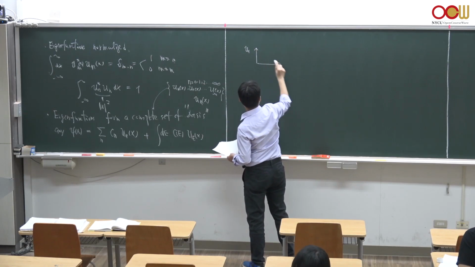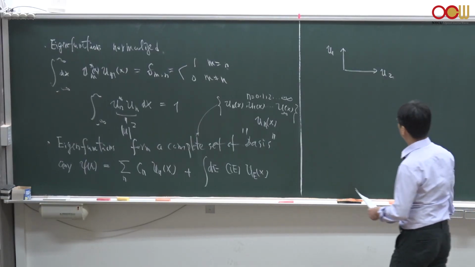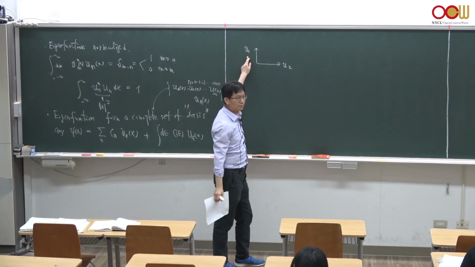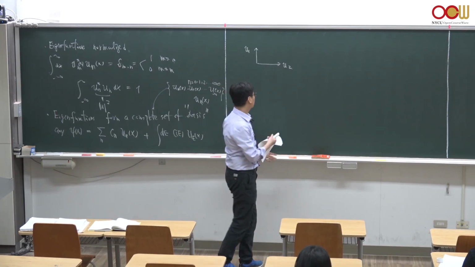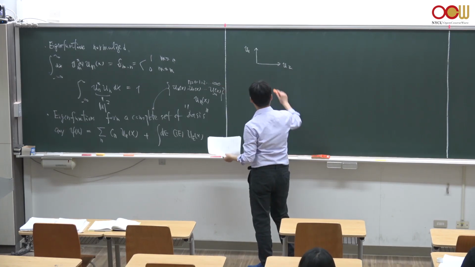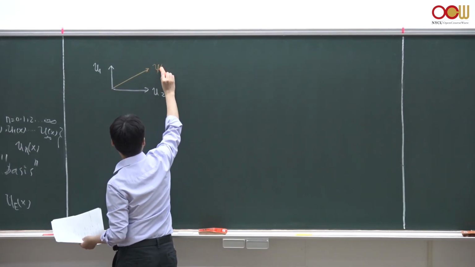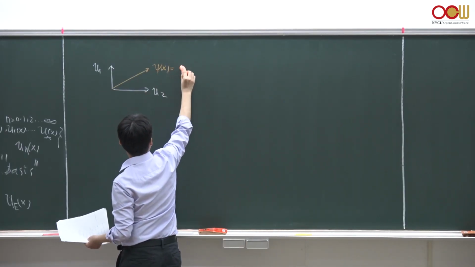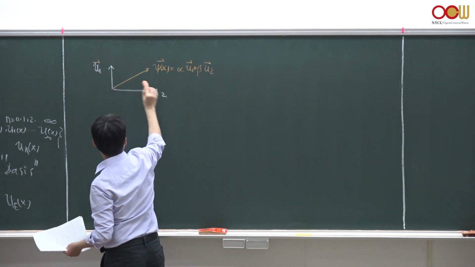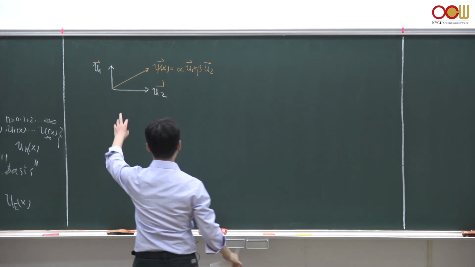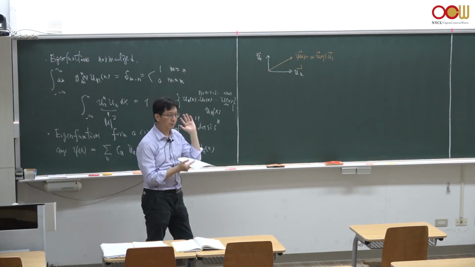Suppose I have two unit vectors in two-dimensional space, and each of these vectors represents the eigenfunctions u1 and u2, and I could make any linear combination of u1 and u2, and have any arbitrary vector psi, which is alpha u1 plus beta u2, something like this. And in linear algebra or vector analysis, we call these orthogonal unit vectors basis vectors. Remember that.